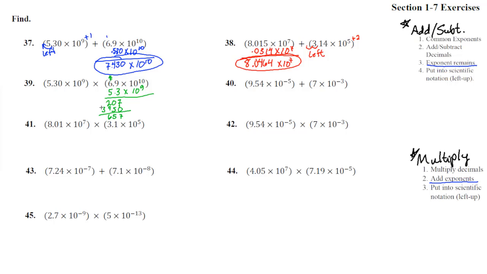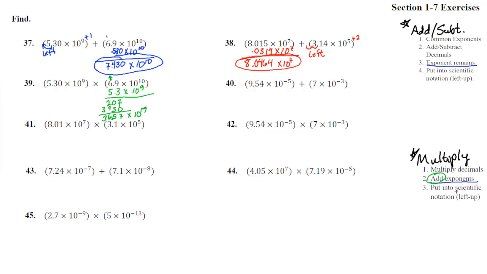2 plus 4 is 6. And the 3 comes straight down. How many decimals are here? 2 right there. So it's 36.57 times 10 to the, what do we do? We add the exponents. 10 plus 9 is 19. Now, notice this is the first time we've run into this. We get an answer. This is exactly correct.